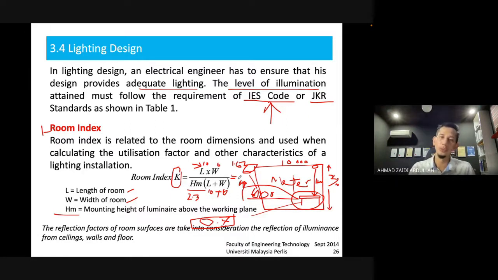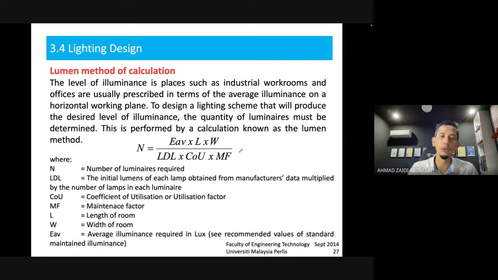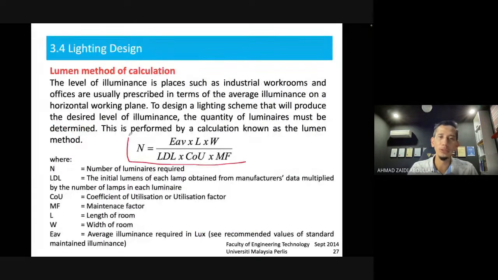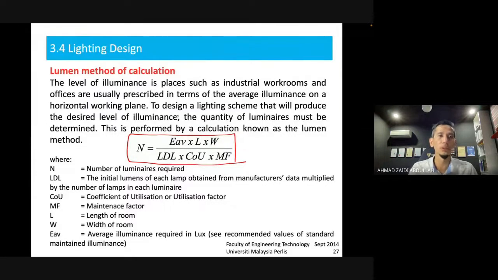Very simple. So for every room you need to calculate now. Let's say I share the AutoCAD drawing. We have a lot of rooms, so you need to find every room index, and after that you need to go for the second thing, which is the formula to find the number of lighting required for every single room.